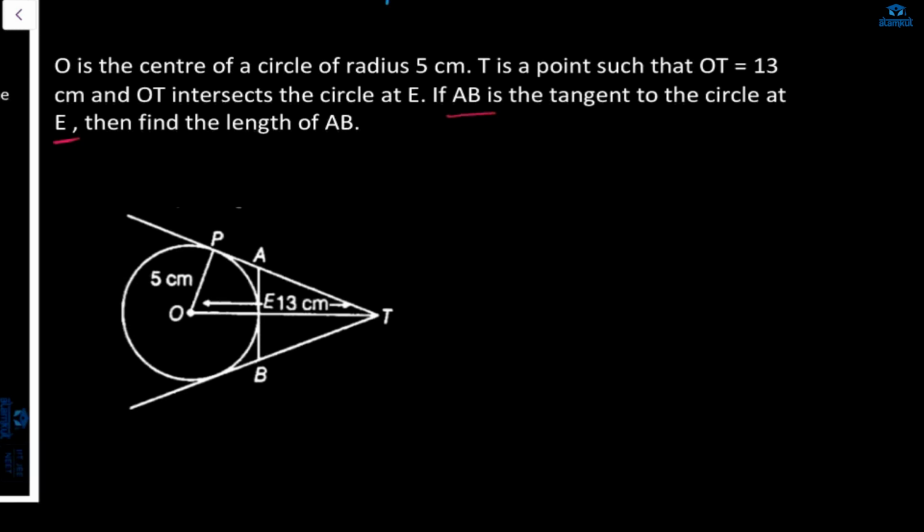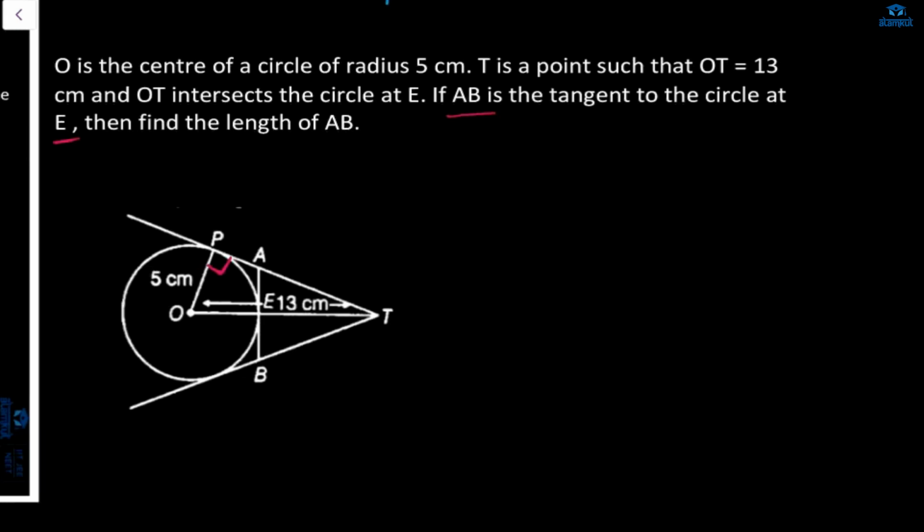Sophia, are you there? Yes, ma'am. Now, how can we find the value of AP? Here you see that the tangent is touching the circle at the point where the radius meets it, and it is making 90 degrees. Yes or no? Yes, ma'am.